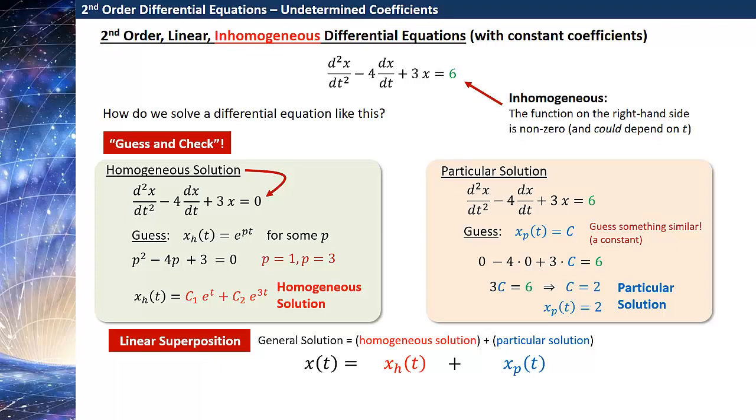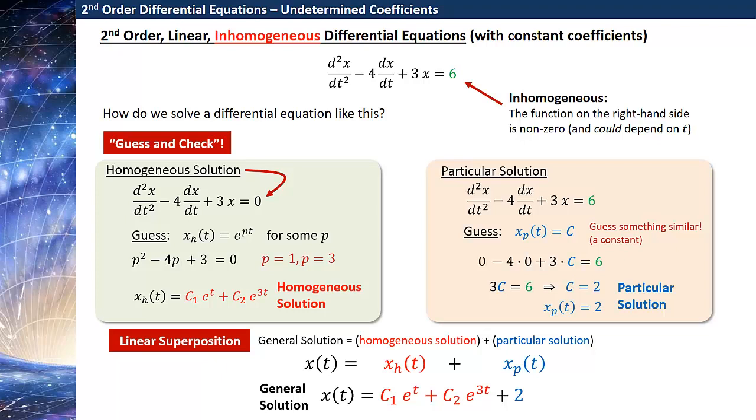Okay, so then the general rule that we said at the beginning for linear superposition is that the general solution is the sum of the homogeneous solution and the particular solution. So I guess we're just going to add these. So it turns out the general solution to this differential equation is c1 e to the t plus c2 e to the 3t plus 2.